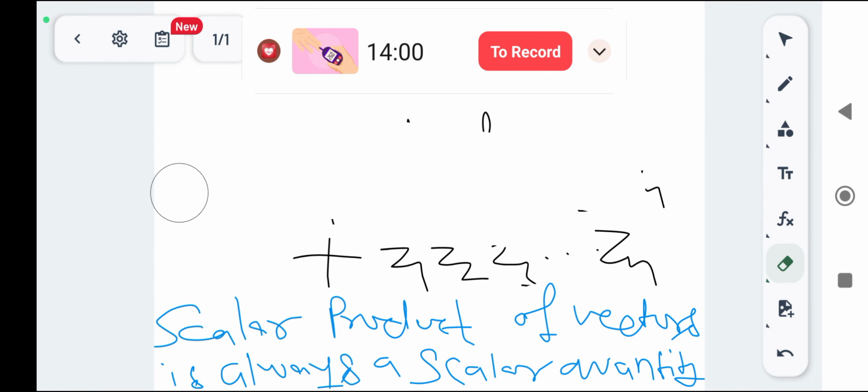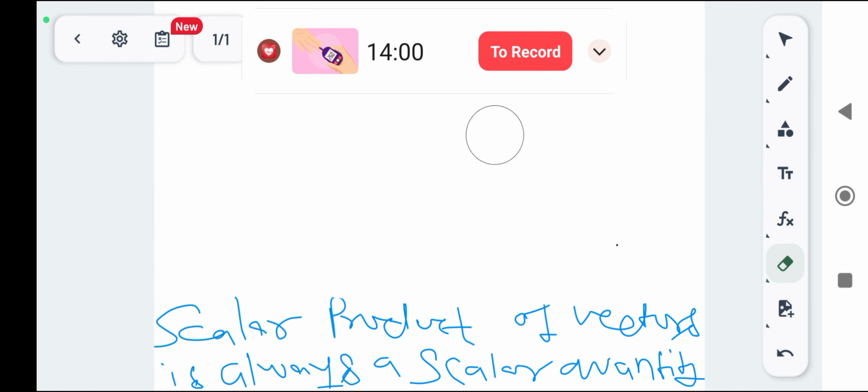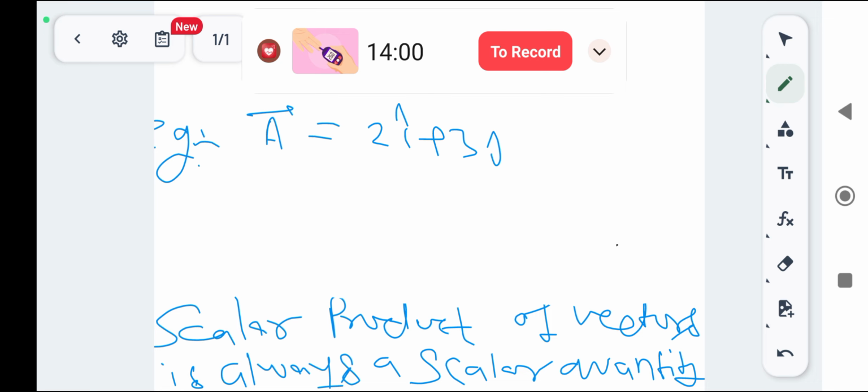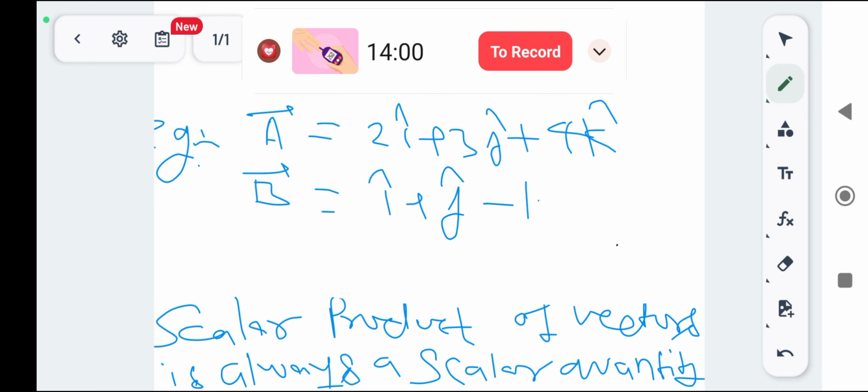Now suppose we have one example: a vector is equal to 2i plus 3j plus 4k, and b vector is equal to i plus j minus k.